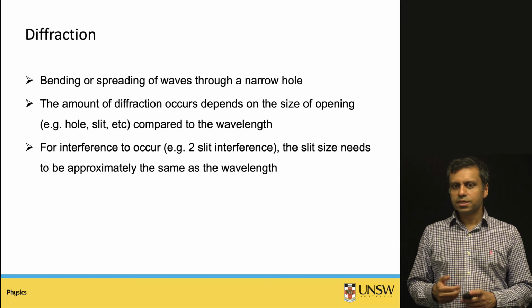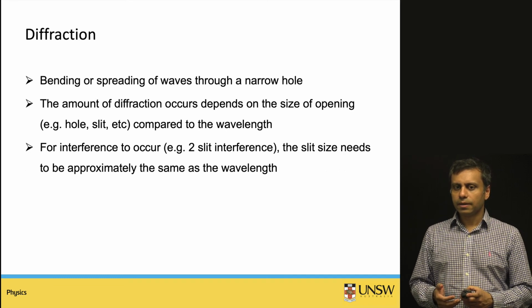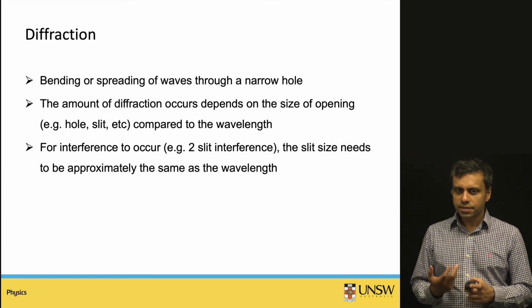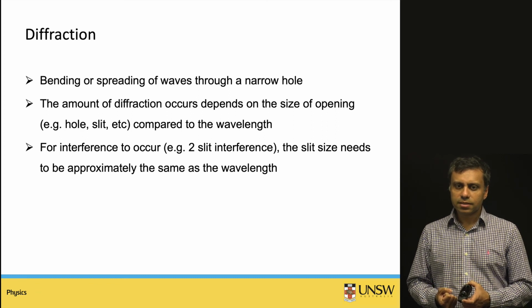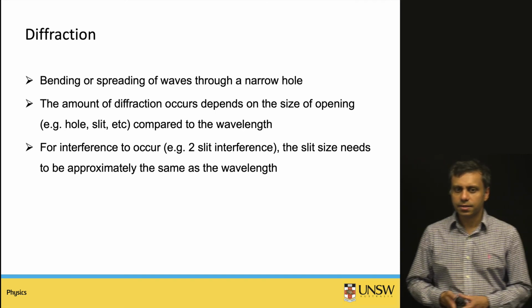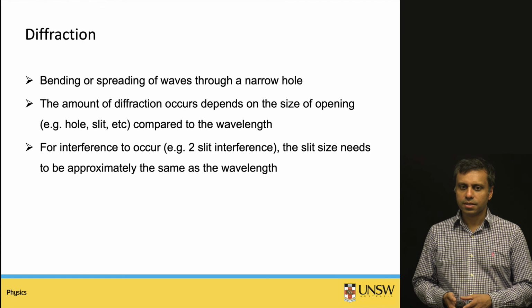So for the two-slit experiment, we will observe the fringes when the slit width is approximately equal to the wavelength of the incident light, because we need diffraction to occur in that case.